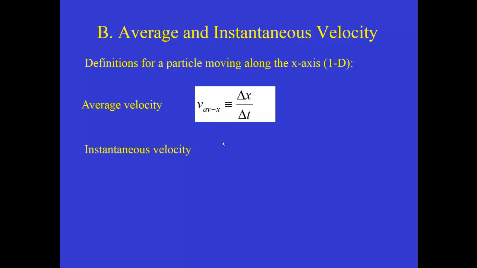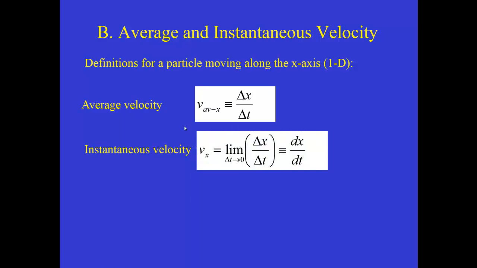Now we will eventually show how to calculate the instantaneous velocity, which is, of course, the velocity that the object has at a specific moment in time. The average velocity is the velocity it has averaged over an interval of time. But instantaneously, how fast is an object moving right at one instant in time?